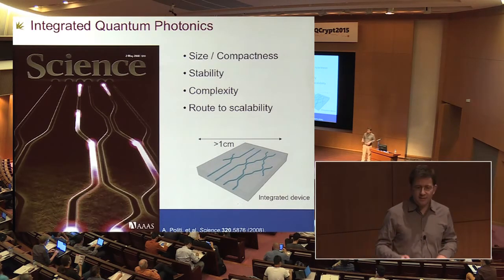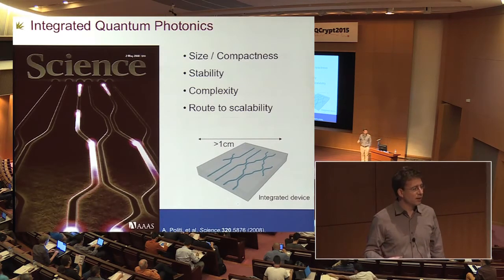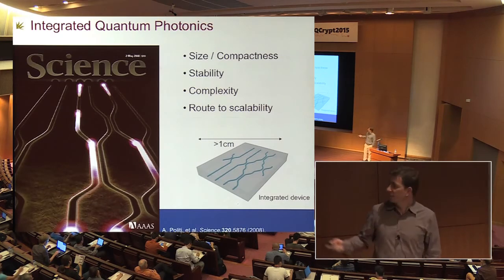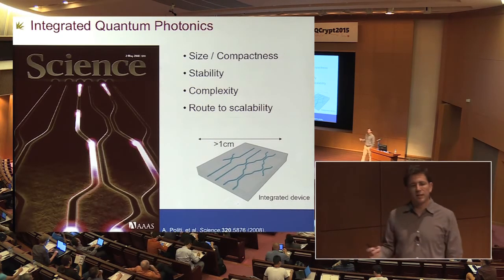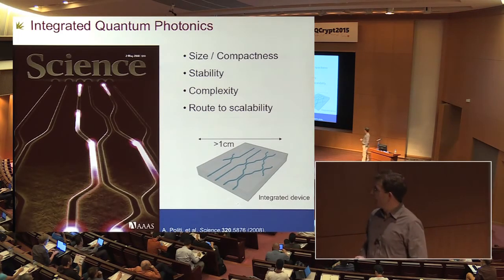With inherent stability, that allows you to start increasing the complexity of those circuits without requiring huge amounts of stabilization. So it's really about the stability that we get from making these circuits in an integrated platform.